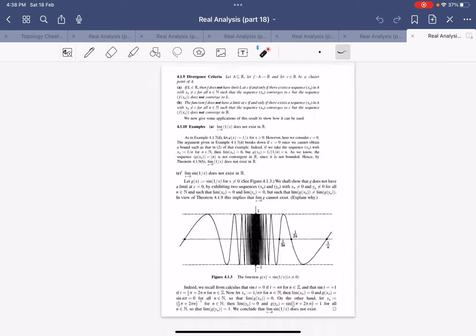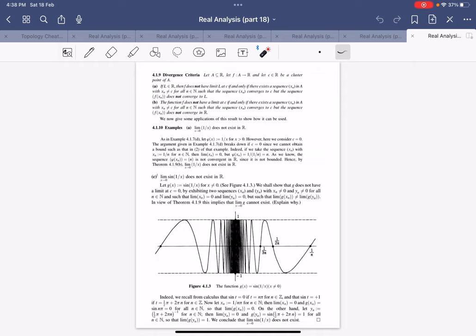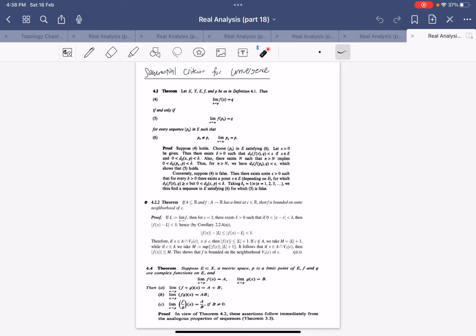I hope you see how in calculus we always use the epsilon-delta definition. But because in analysis we talk about sequences, we are now able to reformulate the epsilon-delta criterion into the sequential criterion for convergence. Everything else, the proof just follows from how we have proven it for sequences, such as the limit theorems over here.